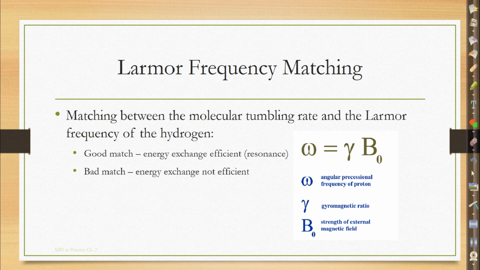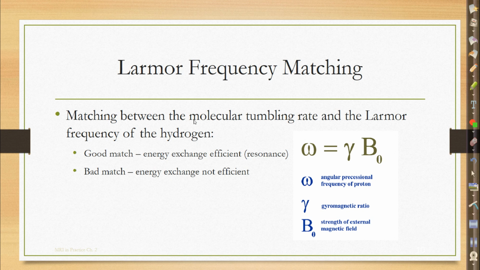What does that stand for? Megahertz per Tesla. Is that the static magnetic field or the gyromagnetic ratio? Gyromagnetic ratio, exactly. That's the gyromagnetic ratio, the gamma symbol. And then B sub 0 is our static magnetic field, so whatever we're scanning the patient on, 1 Tesla or 1.5. That varies, right?